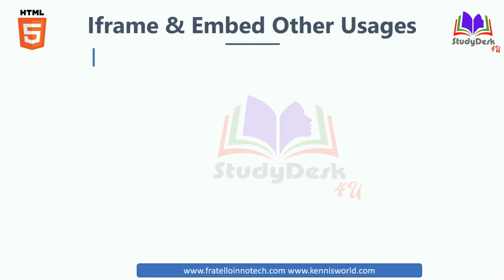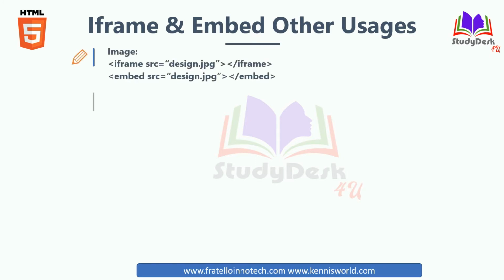And the next one is other usages of iframe and embed. Instead of attaching YouTube videos, these two tags have a few more usages. The first one is images. Previously we have seen images in the images session. If you want to display an image, we used the image tag.